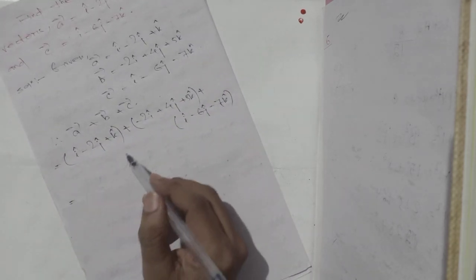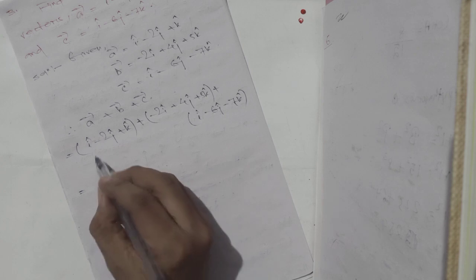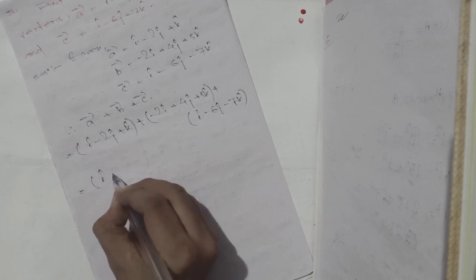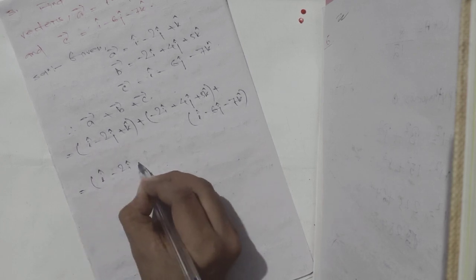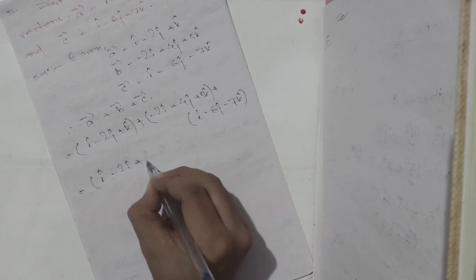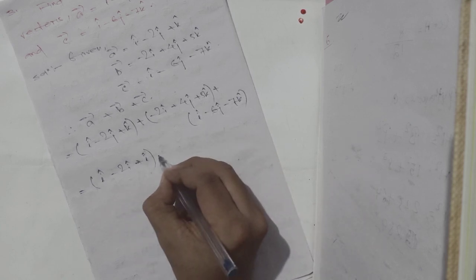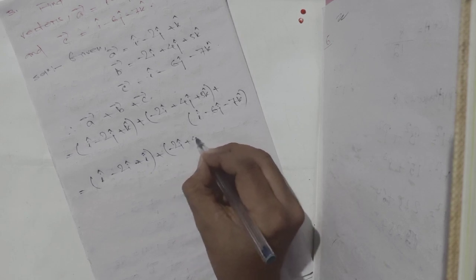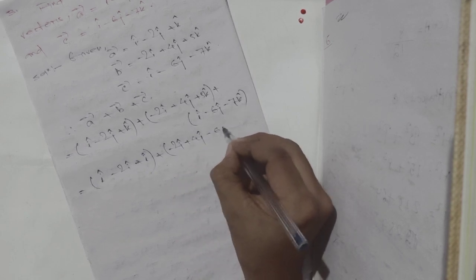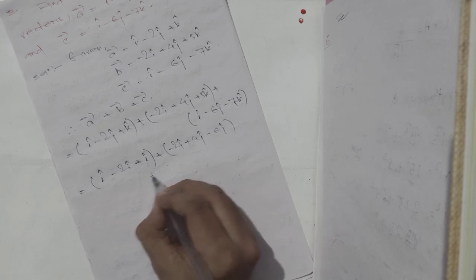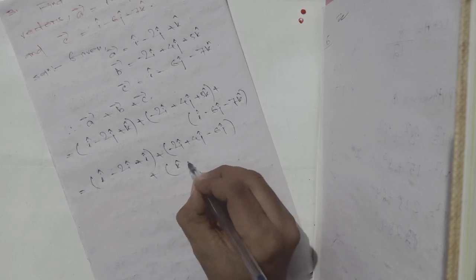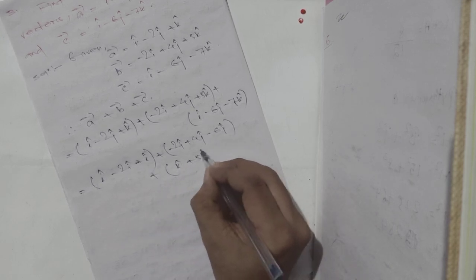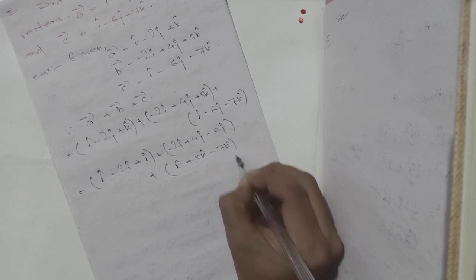So adding the like terms: I cap minus 2 I cap plus I cap, plus minus 2 j cap plus 4 j cap minus 6 j cap, plus k cap plus 5 k cap minus 7 k cap.